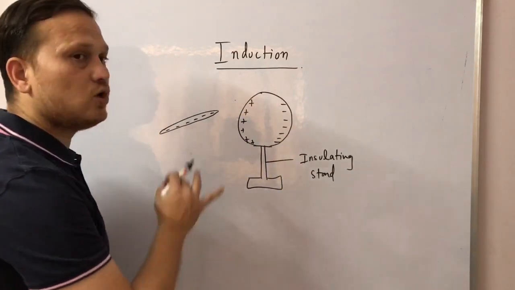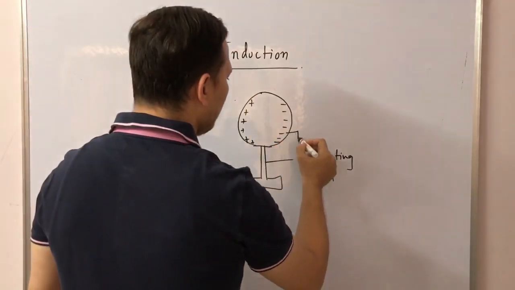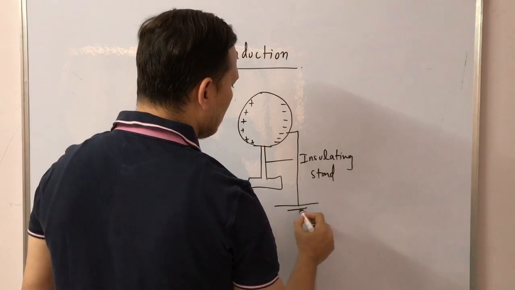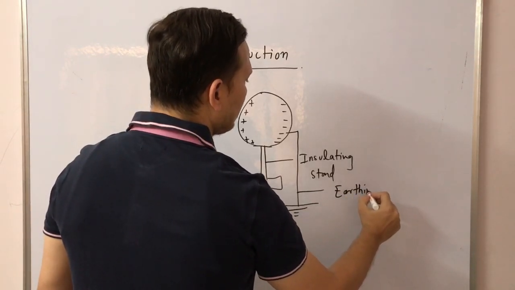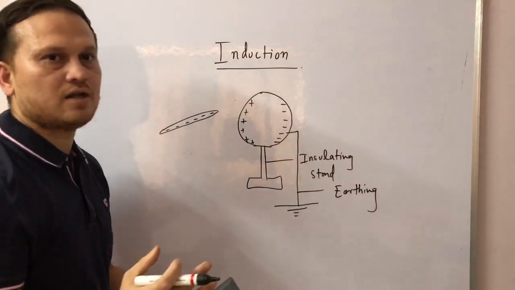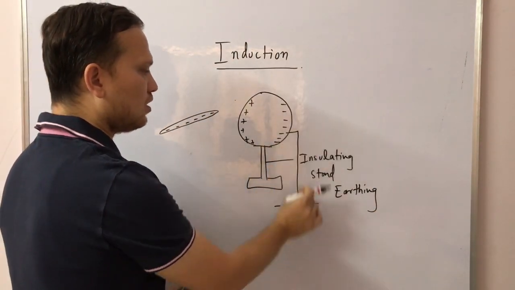Now I want to make this conductor positively charged. So what I will do, I just make an earthing. Now how can earthing be done? I will take one conducting wire and connect it from this part to the earth.